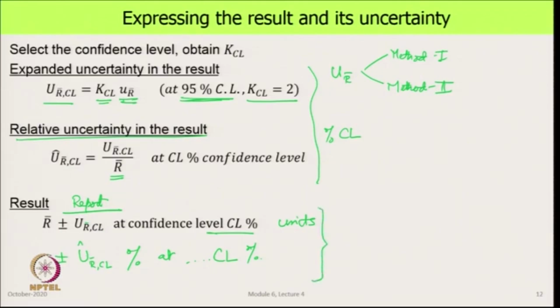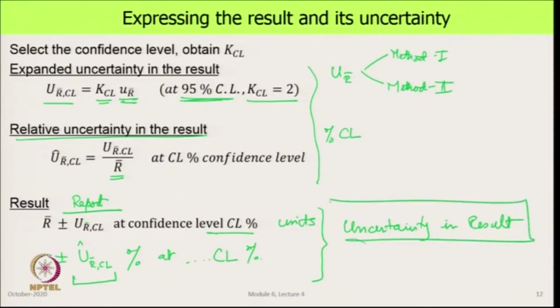In practice, you will see both of these coming in, and this is when people say what is the uncertainty in the result, it is this which is the value that is the uncertainty. So, you may just call it in the end uncertainty in the result or just uncertainty. Uncertainty could be a little bit confusing. If you are looking at result, it is uncertainty of the result. If you are looking at the measurement, it becomes uncertainty in the measurement. So, that is how we calculate and express finally the uncertainty in the result.